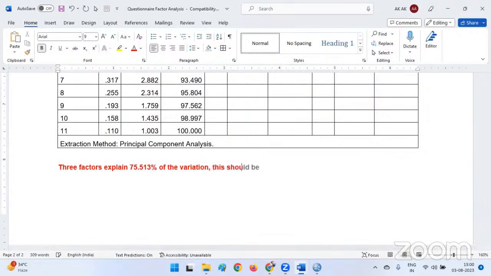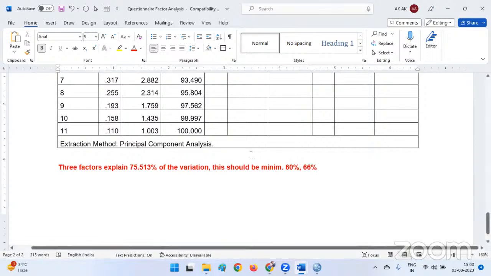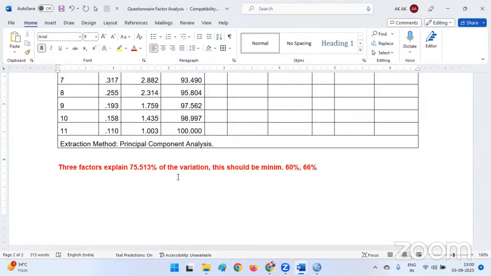This should be minimum 60%, and some of the authors have suggested 66%. So ours is 75%. It means it is quite good. Okay. So we can go ahead with the results. The results are good. All right.